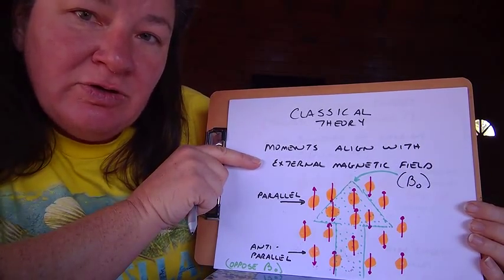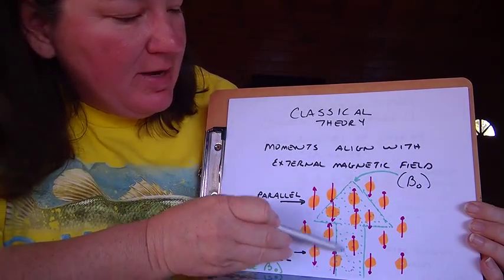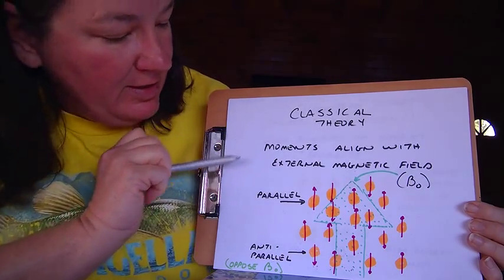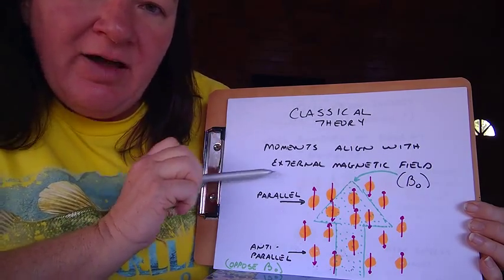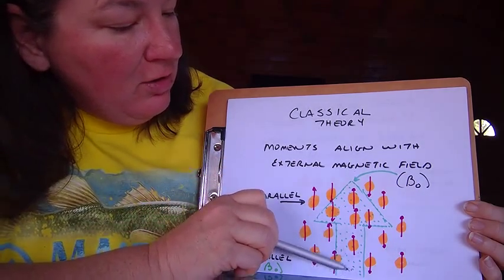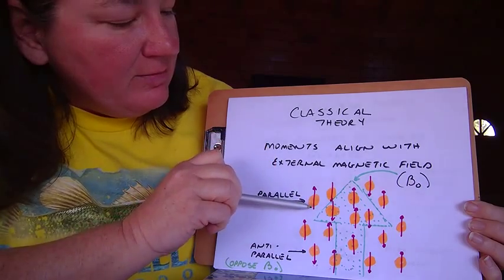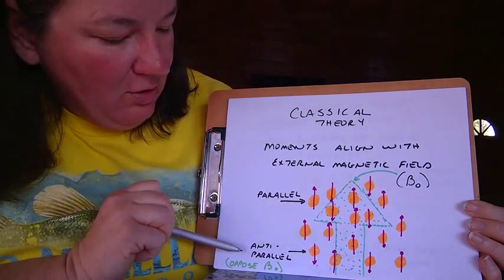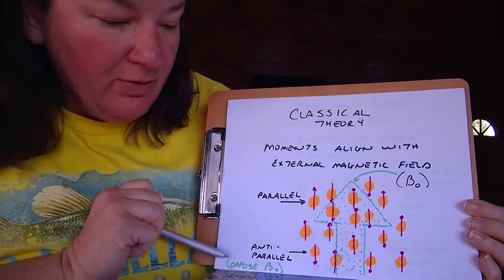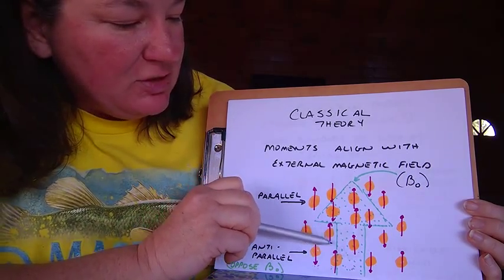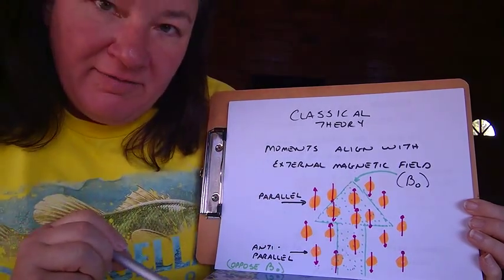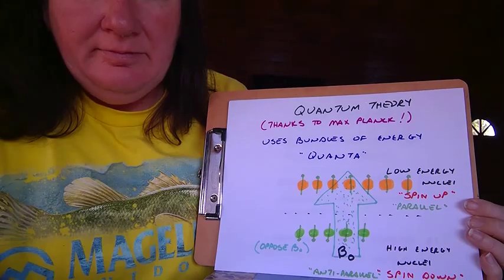When you add that external magnetic field, which is represented by this arrow, now you're seeing in the classical theory that you have the atoms aligned parallel, which go along with the strength of the B naught, or anti-parallel. They oppose B naught, which means they're going in the opposite direction. They're pointing down, which is opposite of the B naught.